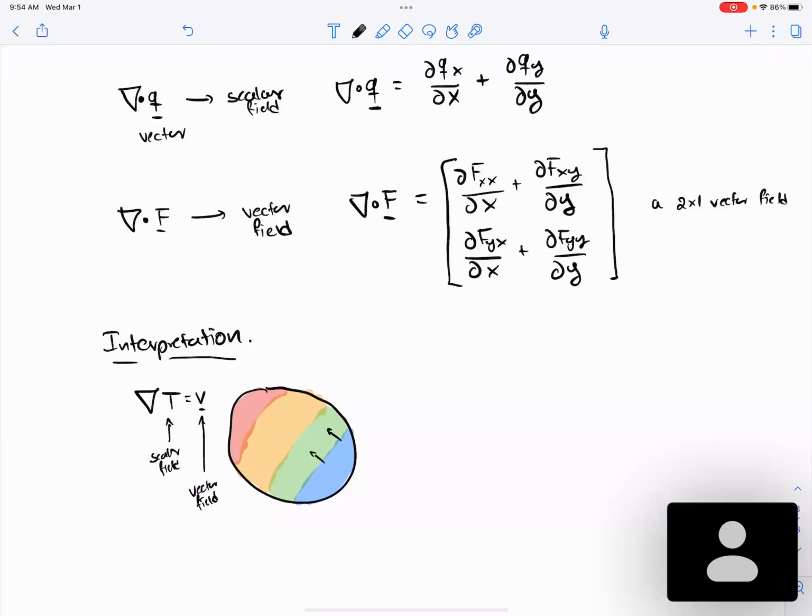They should follow the direction of maximum increase of the field. So V should point in the direction of max increase of T.